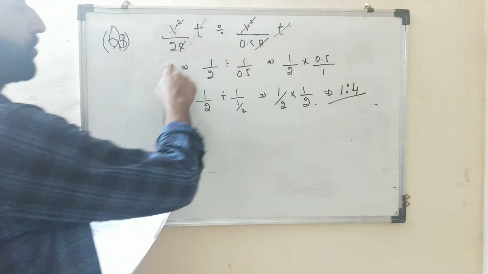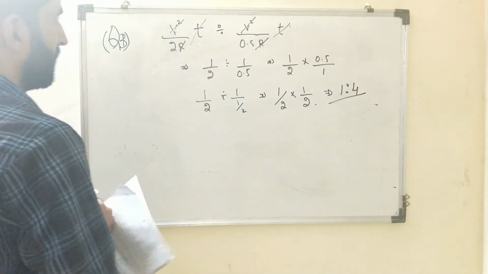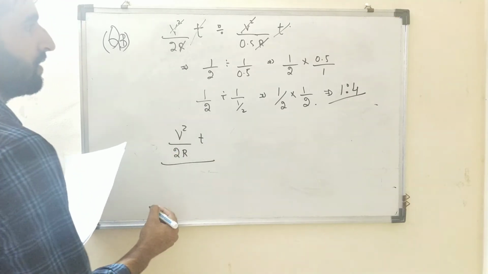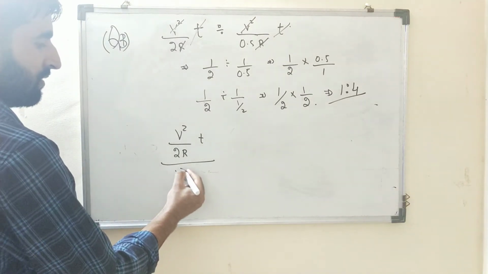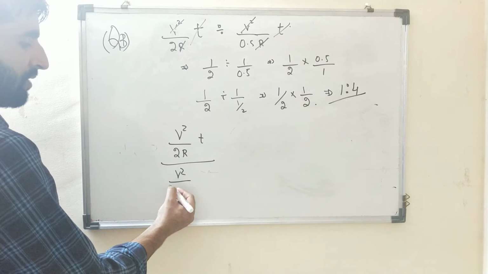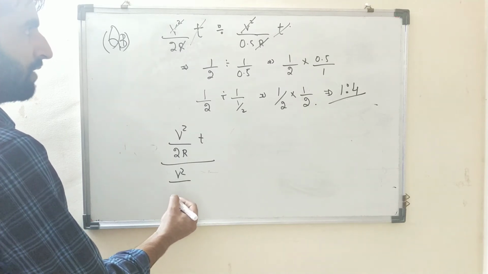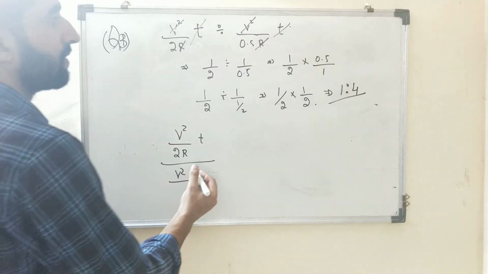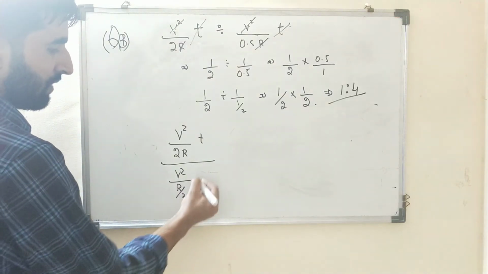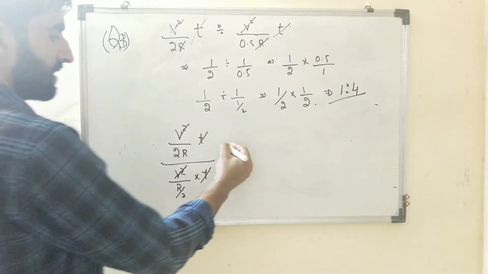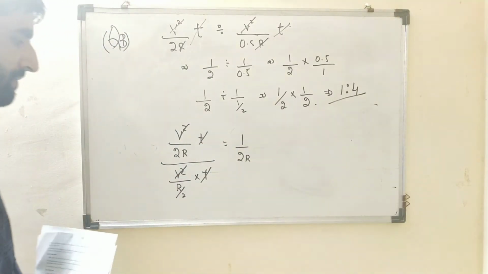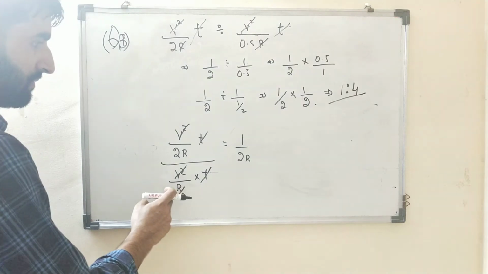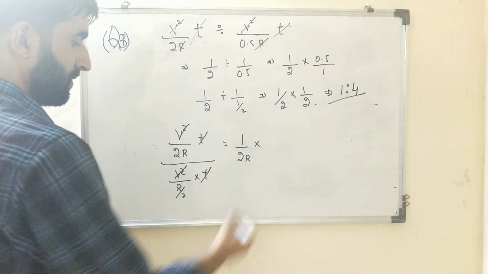V square by 2R, you have to multiply it with T and divide it with V square divided by 0.5 R, or V square divided by R by 2, into T. T gets cancelled, V square gets cancelled, so this will be equal to 1 by 2R into R by 2.